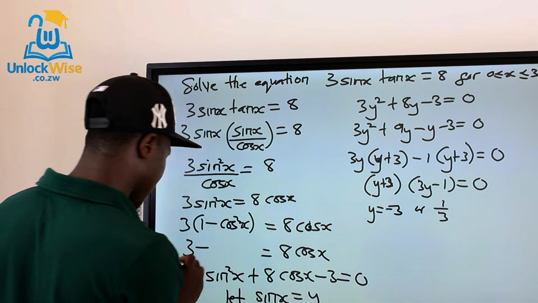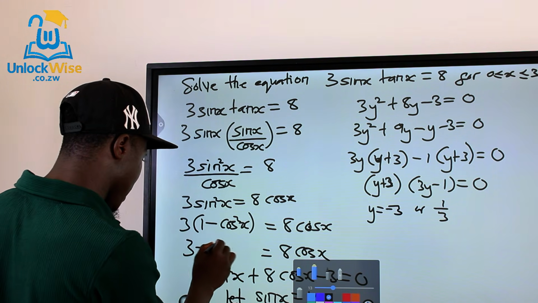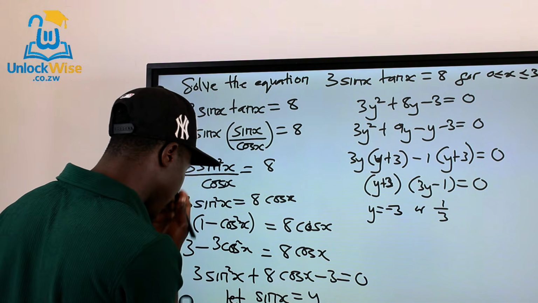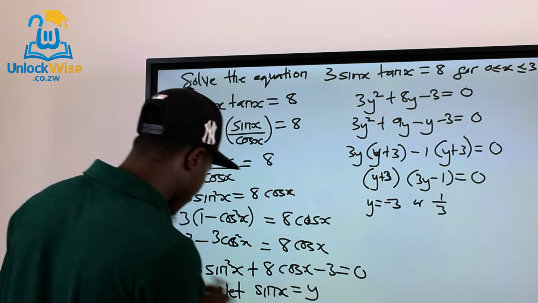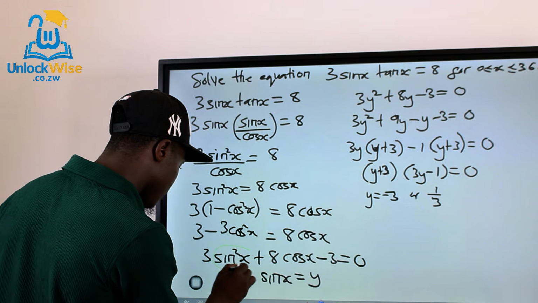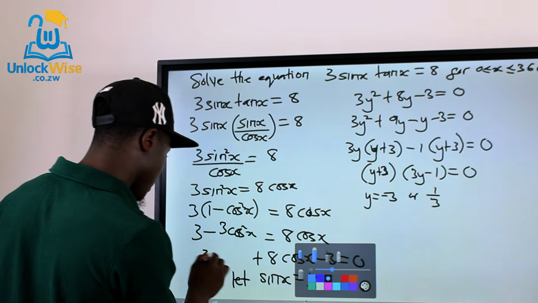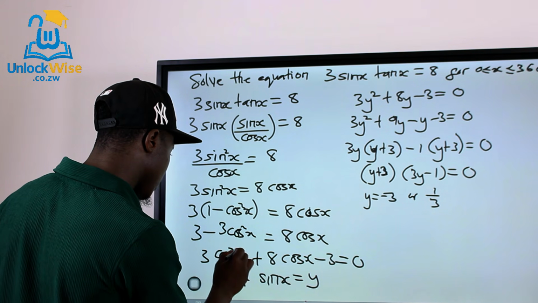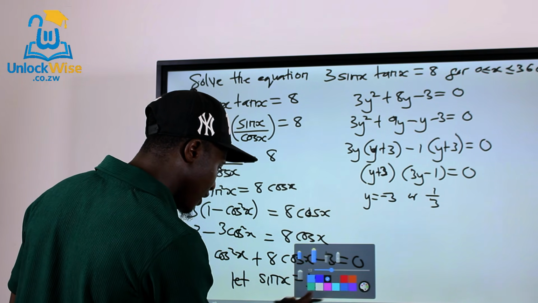So that's 3 minus 3 cos squared x. So this whole equation is in cos form. This becomes 3 cos squared x.